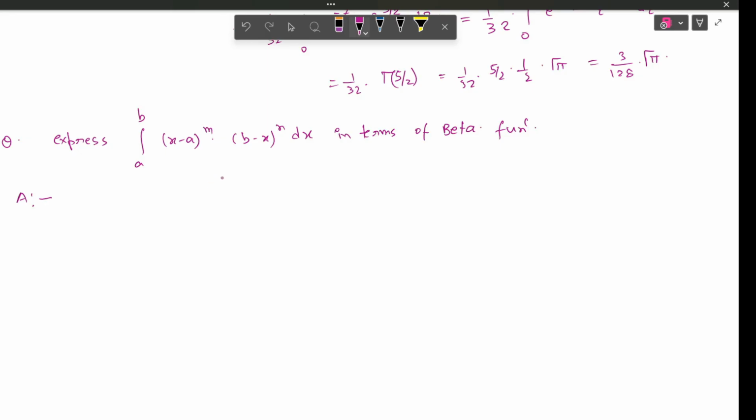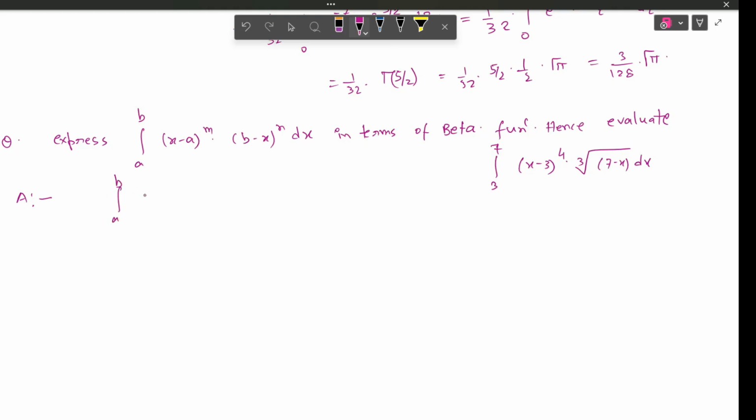The continuation of this question is, hence evaluate the integration from 3 to 7 of (x minus 3) to the power 4 into the square root of the cube root of (7 minus x) dx. So let's see the solution.